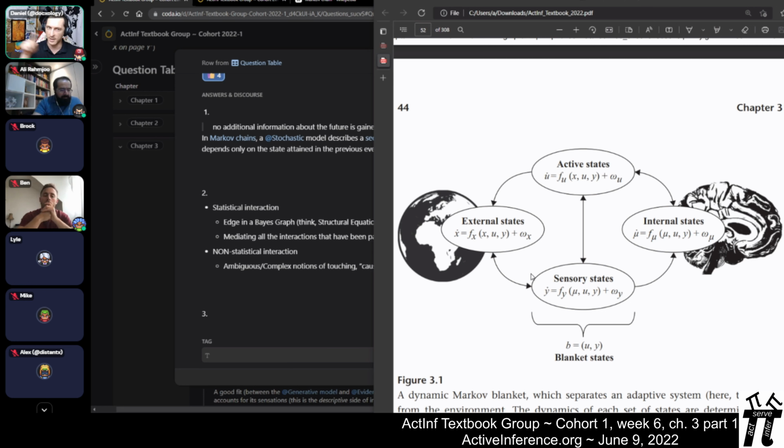But just an around-the-clock, no bidirectionality, no connection between active and sensory. Given this partitioning, one could imagine that topology of cause. One could imagine all kinds of topologies of cause, some that violate the Markov blanket condition, like internal states and external states that are no longer internal and external because they would have a causal link. But even preserving the Markov blanket condition, we can imagine different topologies, different sparsities of couplings between these different states.